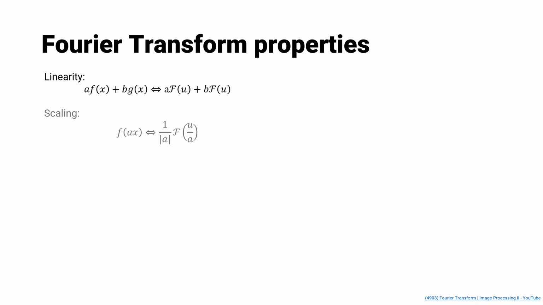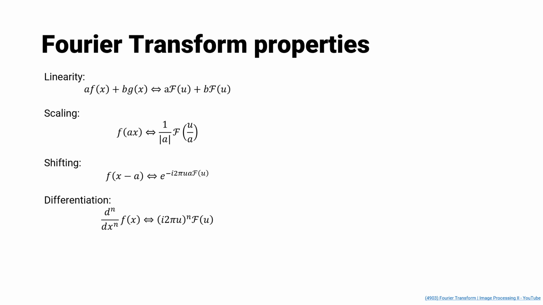If you scale something in the spatial domain, it's going to be scaled in the Fourier domain in almost a quote-unquote inverse way. Shifting in the spatial domain, moving the signal left to right, will be a shift as a scale in frequency as shown here. And differentiation is going to turn up something like this.